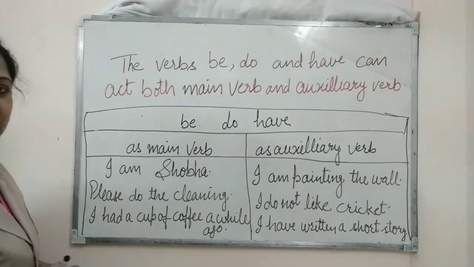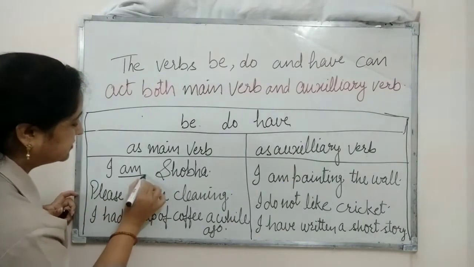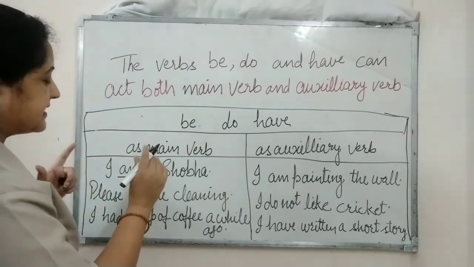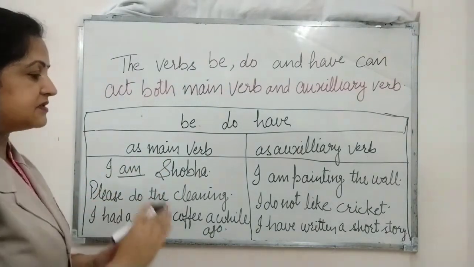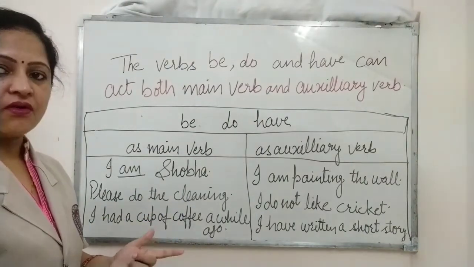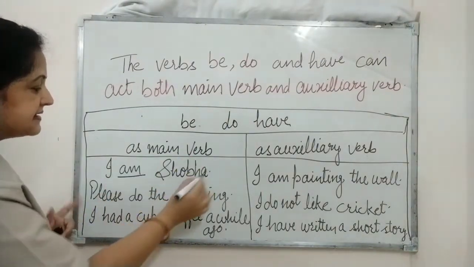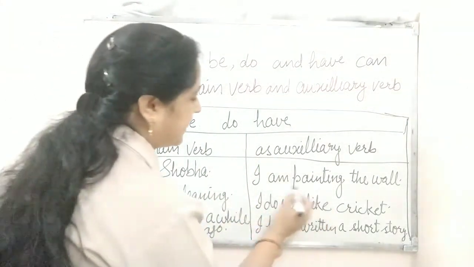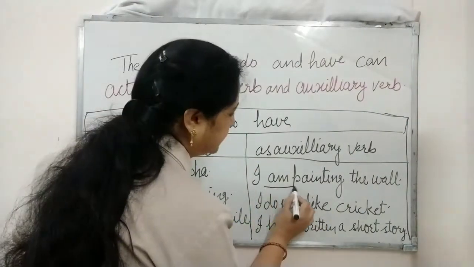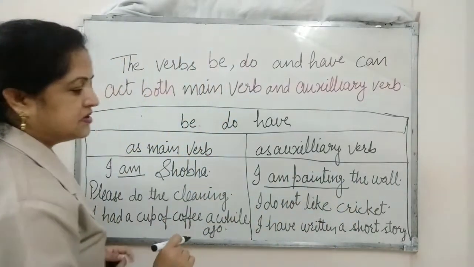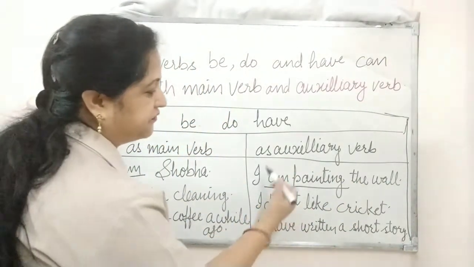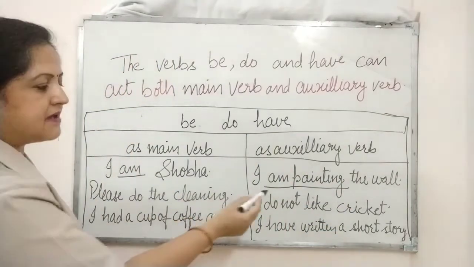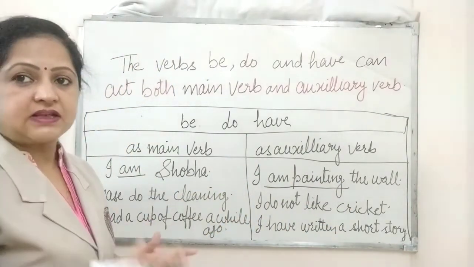Here am is used as the main verb of the sentence, without using any other verb, and giving the complete sense of the sentence. Whereas in this sentence, I am painting the wall, am is used along with the main verb, as an auxiliary verb.